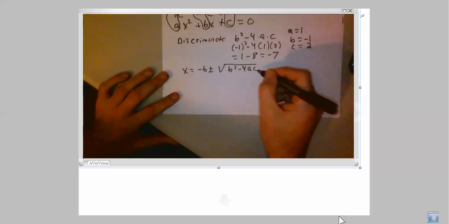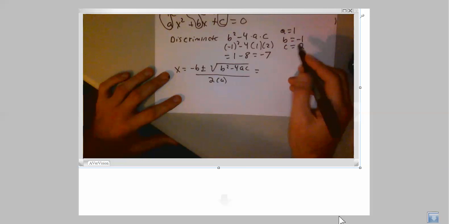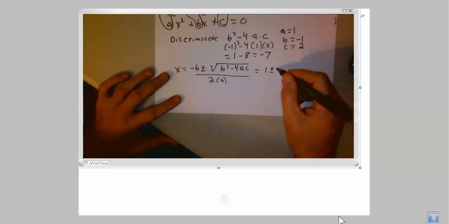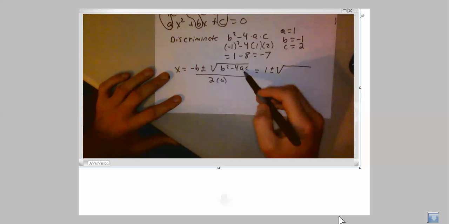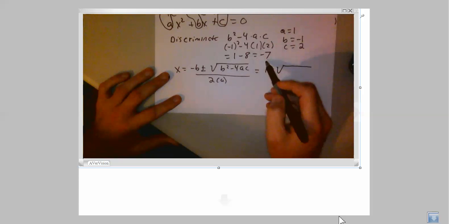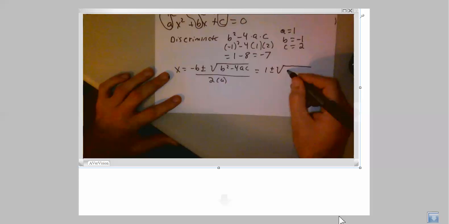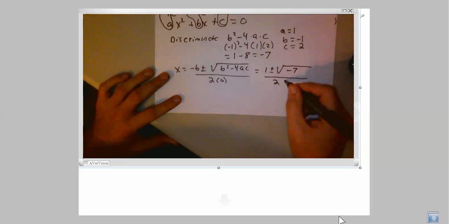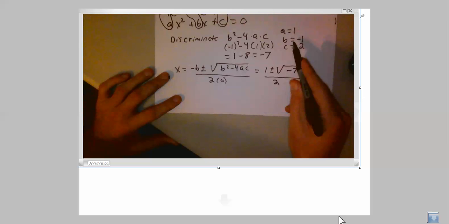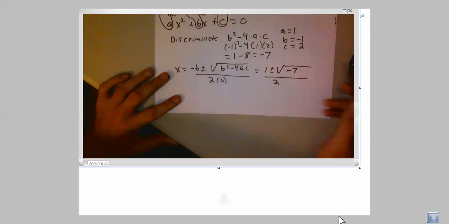This is going to be equal to b is negative 1, so negative b is 1, plus or minus the square root. Well, b squared minus 4ac is just the discriminant, and we already know that's negative 7. Negative 7 all over 2. Well, a is 1, so 2 times a is just 2. So that's my solution, but I'm not done yet. I'm going to simplify it.